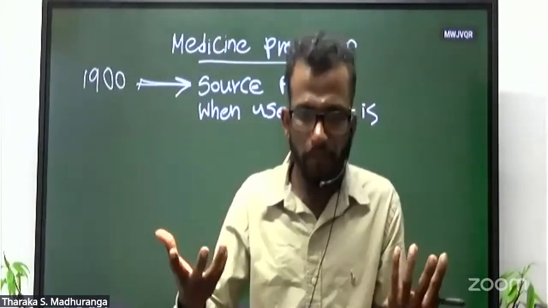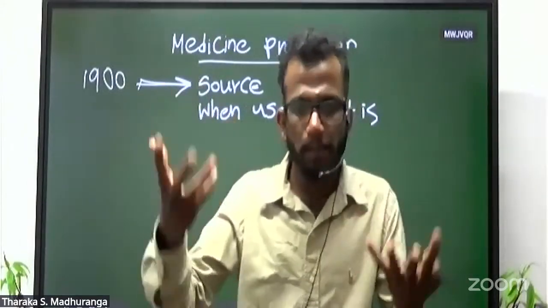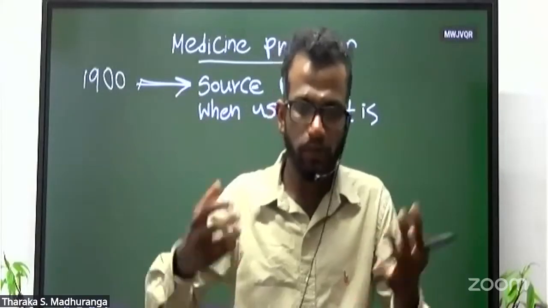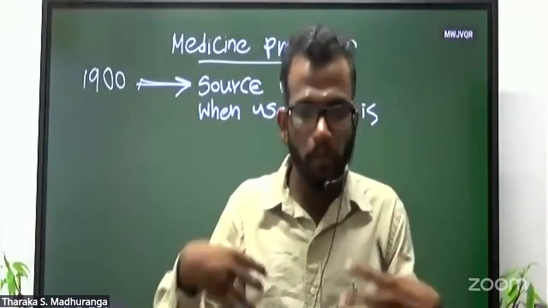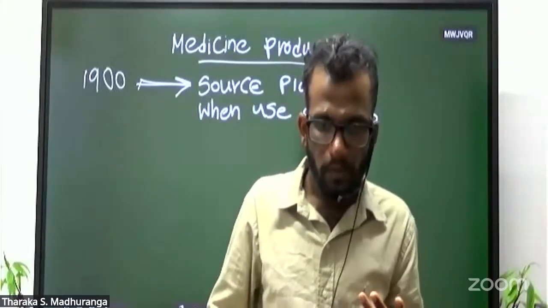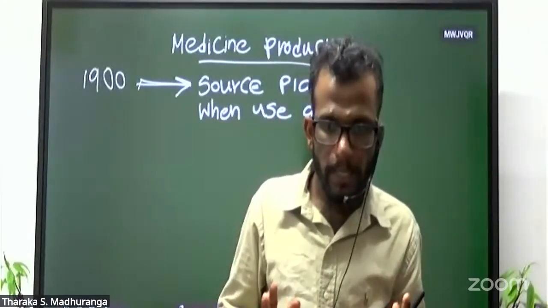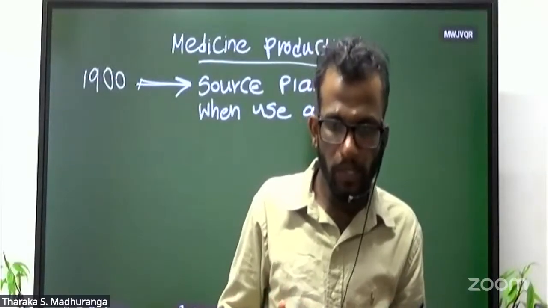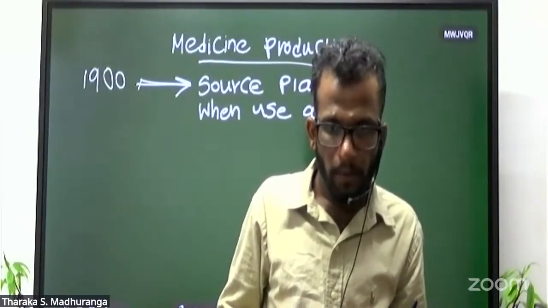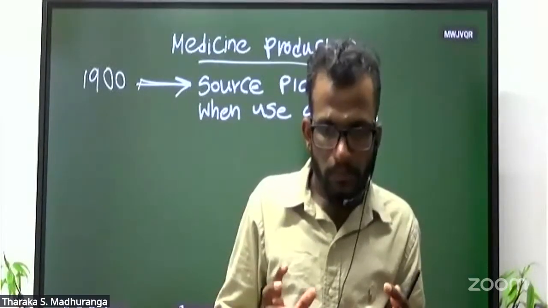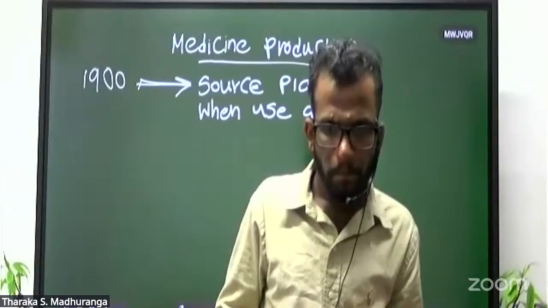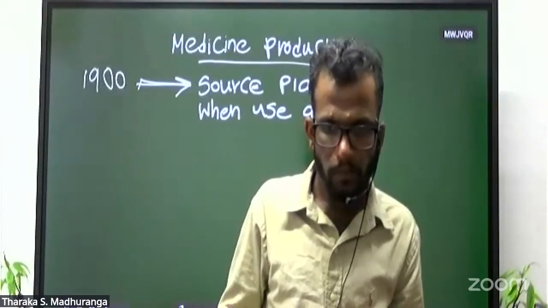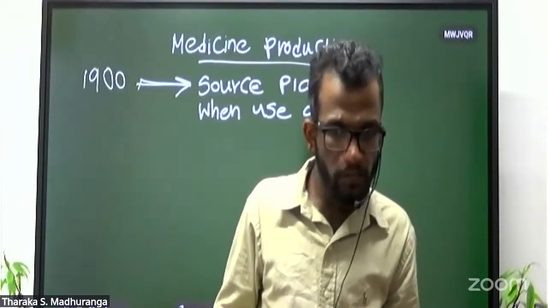Okay, the side effects are because of some impurity compounds in the plant material, because we use the plant material as it is, therefore all compounds go into our body.